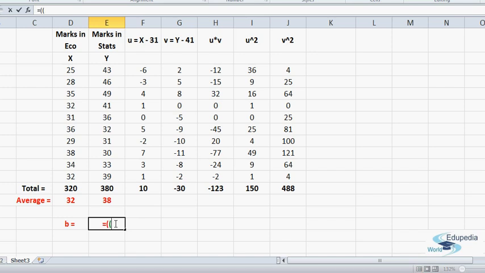Let me open two parentheses. n is 10, right? 10 times summation u into v, the value here.